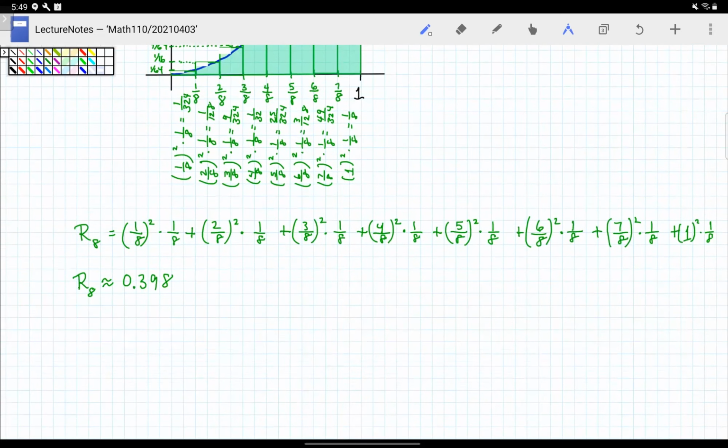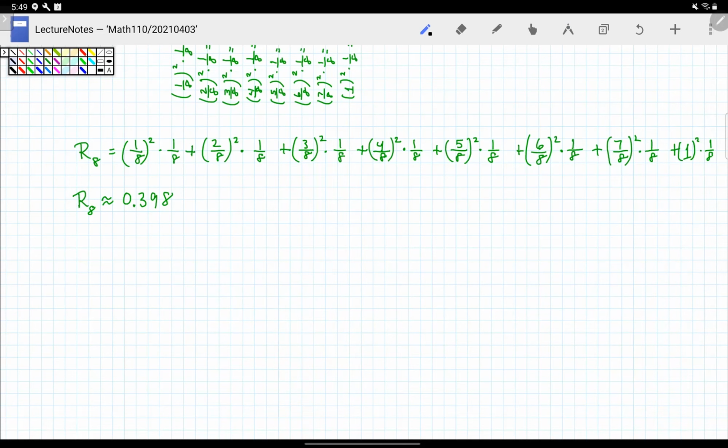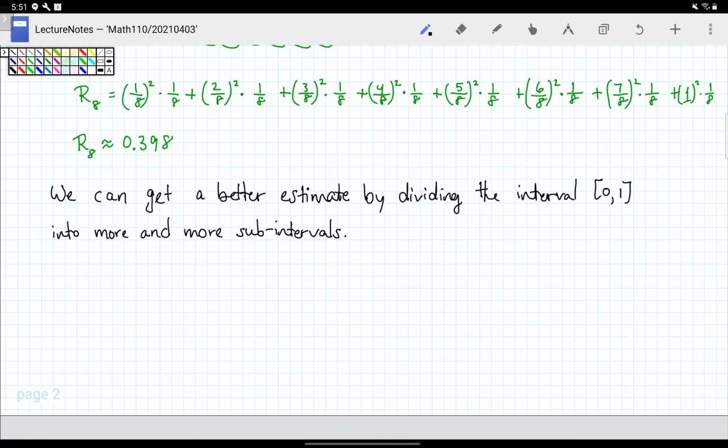So the thing that we actually do here, we can refine this process and get a better and better estimate by dividing our interval into more and more subintervals. Okay. And so we actually define that curved area to be the limit of this process as the number of subintervals goes to infinity.